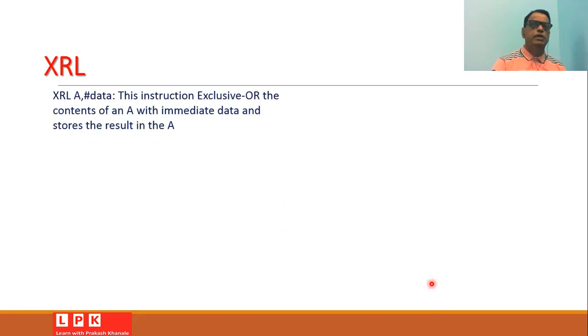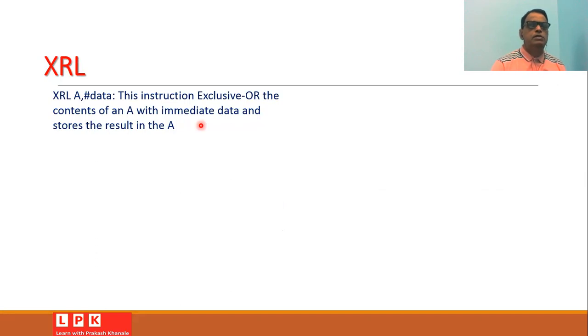Another instruction that is frequently required in writing assembly language programs is the exclusive OR instruction. This instruction is written as XRL. The exclusive OR operation is an operation where we will get the result 1 if both the bits are different. Otherwise, if both the bits are the same, then we will get the result 0.